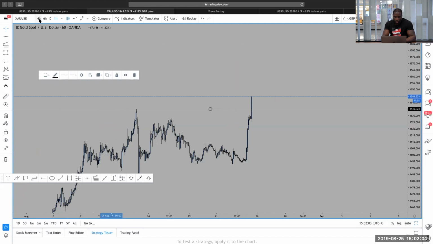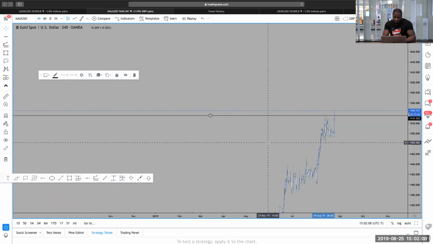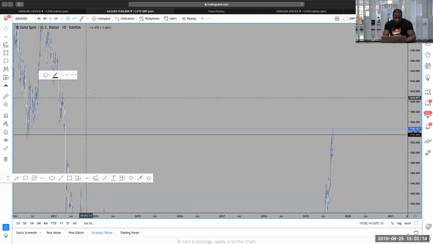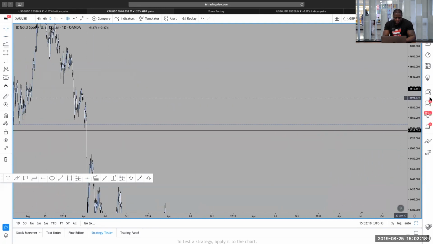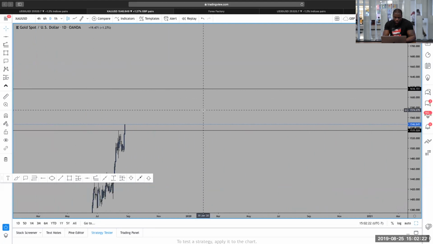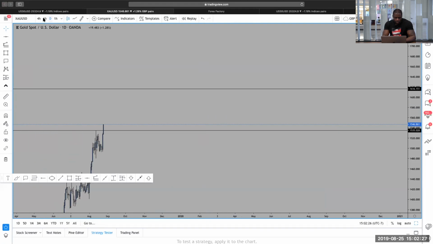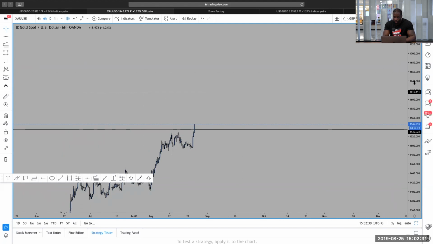Let's look at the higher time frame on gold. Look at where the last previous high low was, which is right here. If we zoom in pretty closely, let's go back to the 6-hour time frame so you guys can actually see.